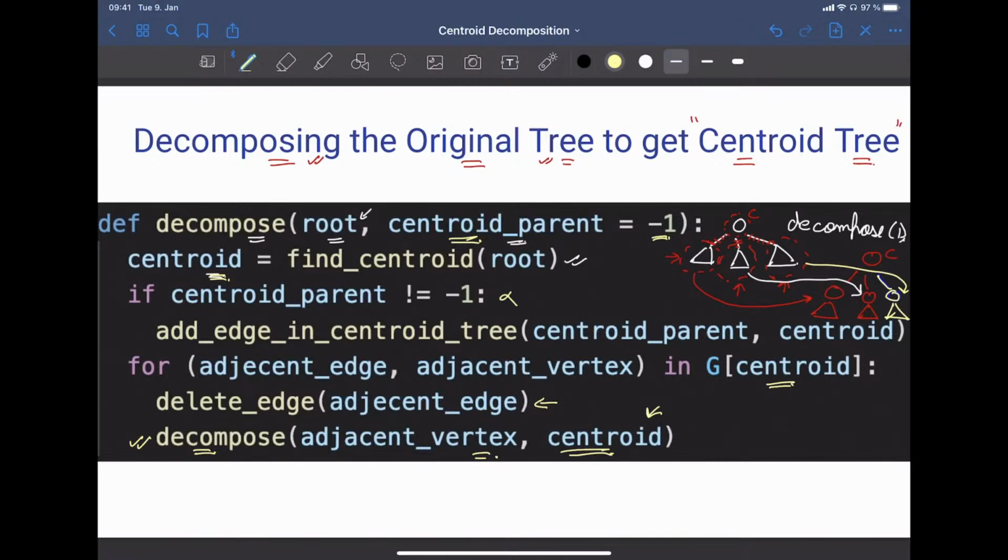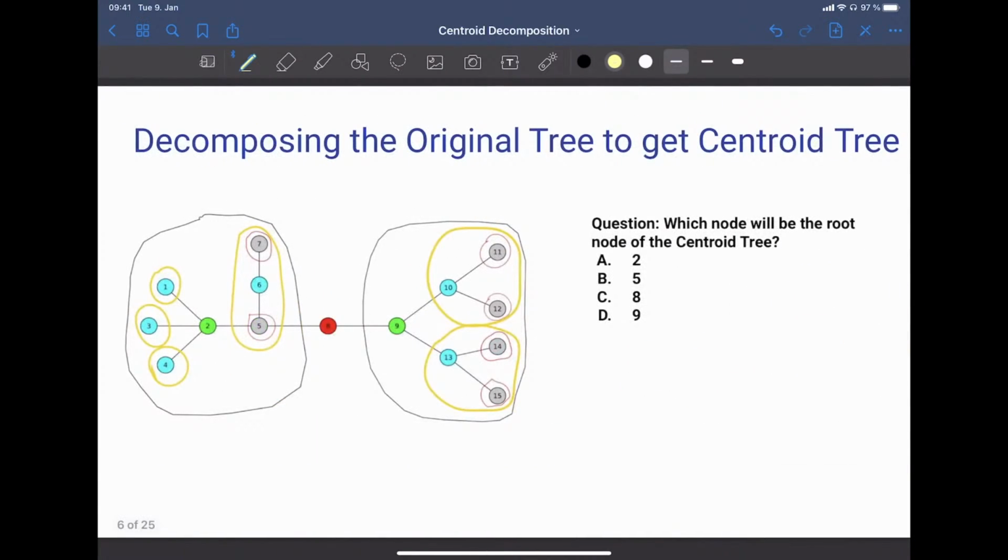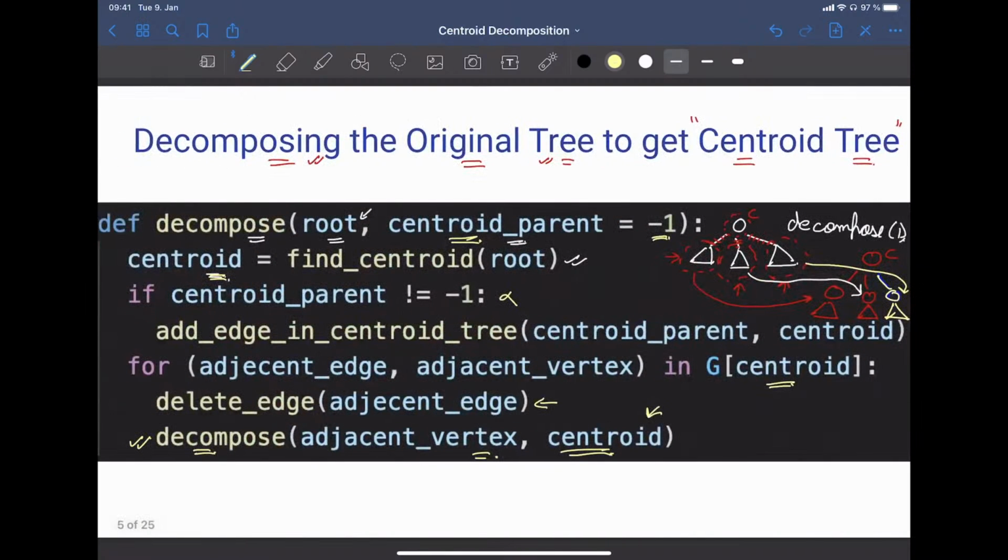Let's take a look at the pictures and try to see what exactly is happening. The idea is that given a tree, you find the centroid of that tree.